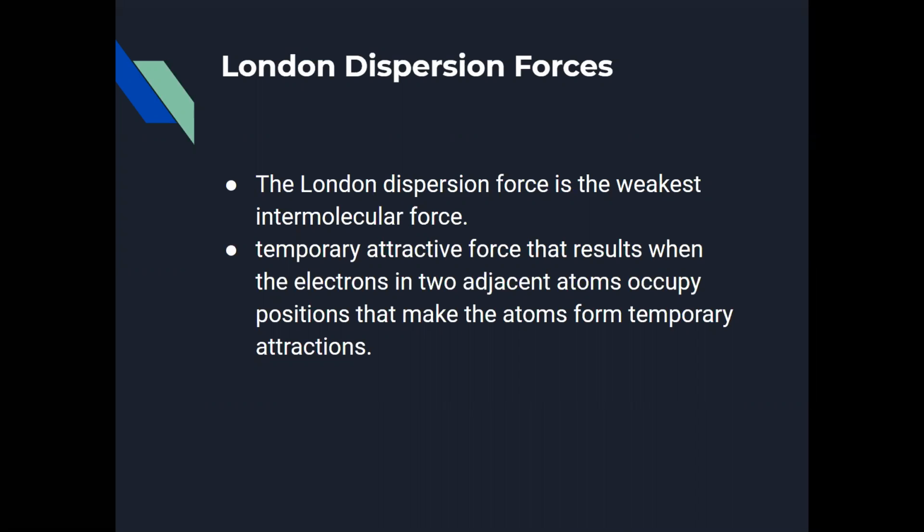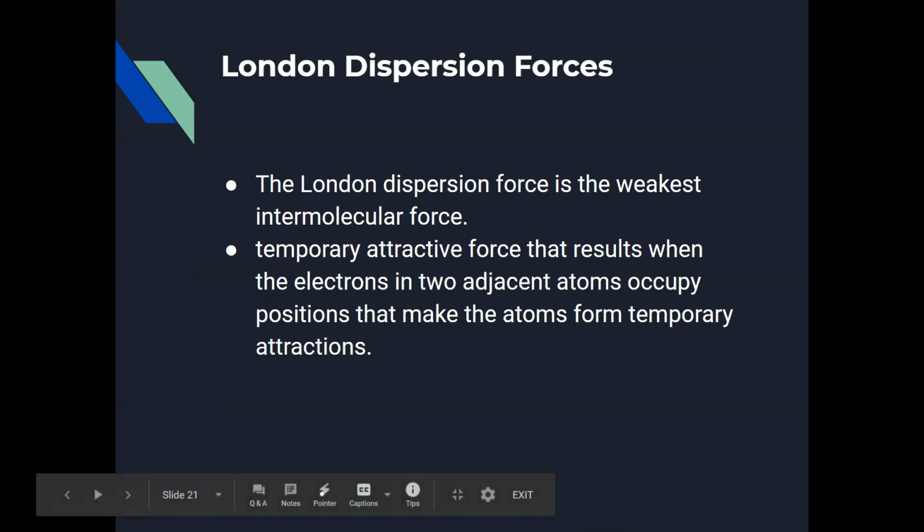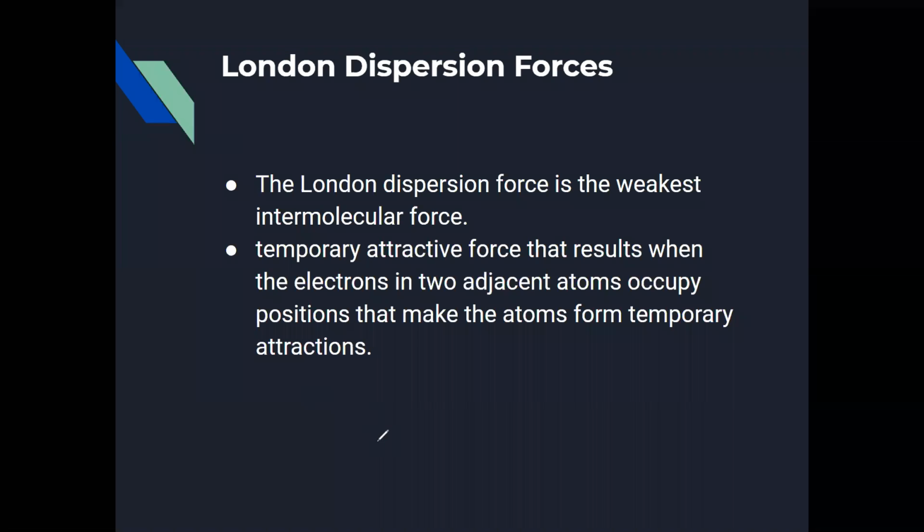What it is, is a temporary force that results when the electrons in adjacent atoms are close enough to one another that they form temporary attractions. So imagine there's an atom over here with some electrons around it, and there's an atom over here with some electrons around it.